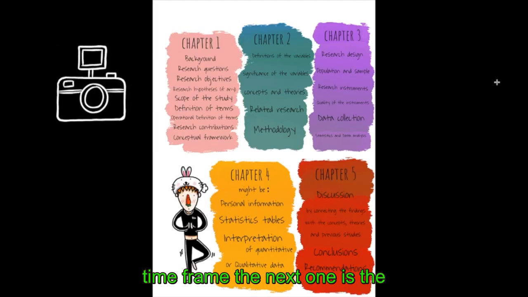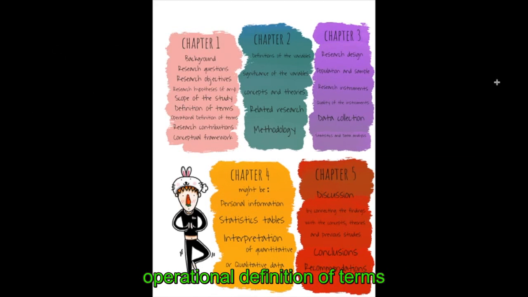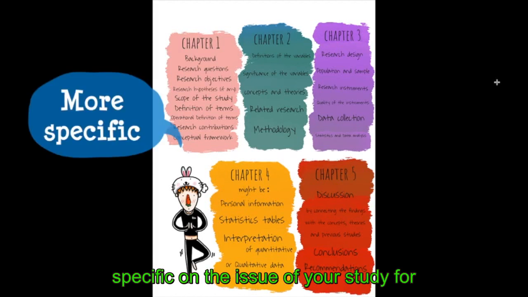The next one is the definition of terms, and also the operational definition of terms. Definition of terms and operational definition of terms are different. The operational definition of terms is the definition that is specific to the issue of your study.